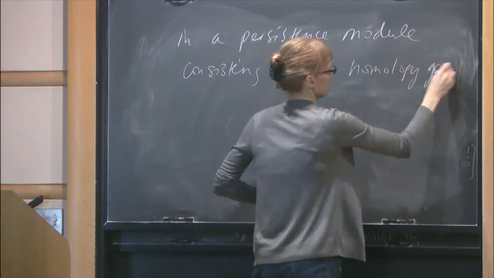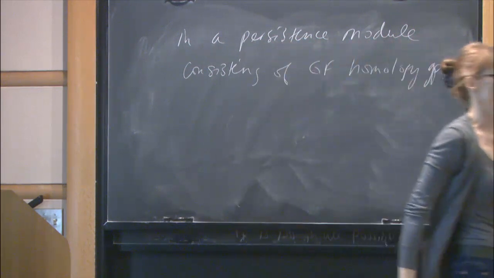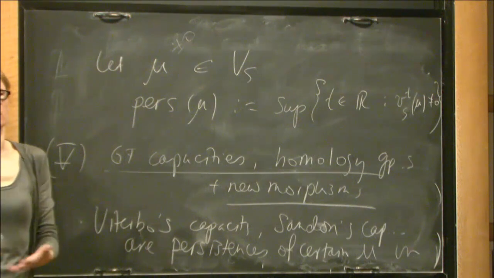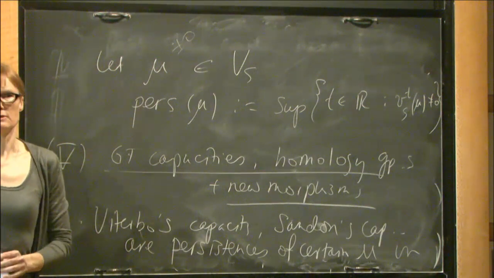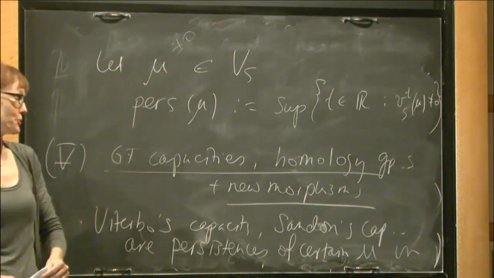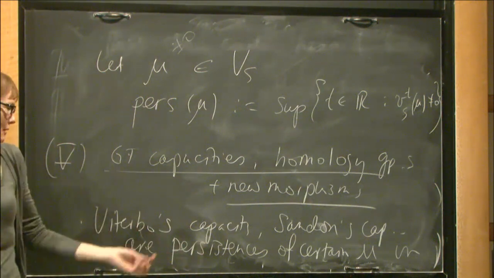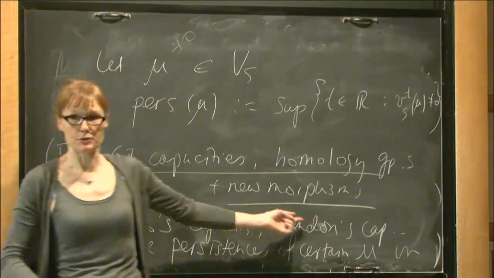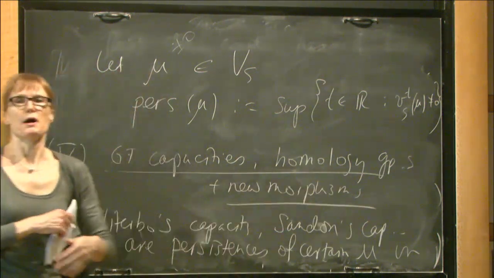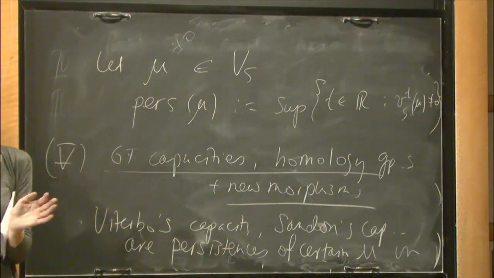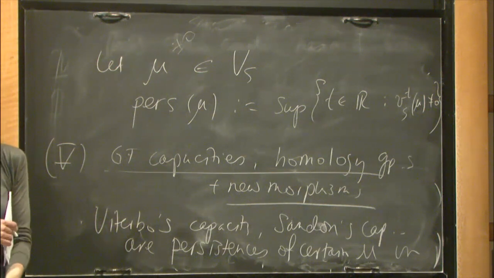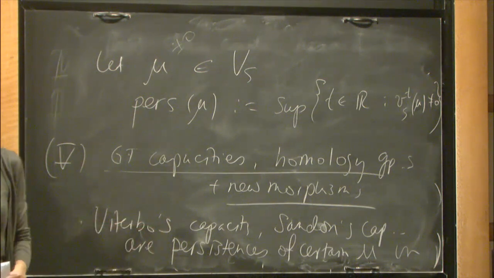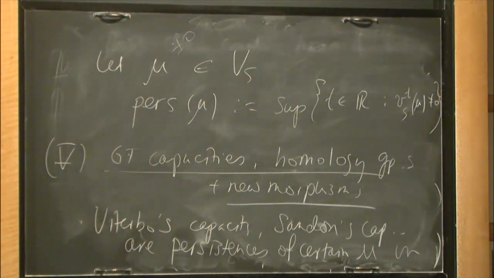I'll explain what I mean by that. Historically this is not the way it went, because you can define the capacities directly in terms of generating functions without setting up these homology groups. So you don't need to set up the persistence module and then take the persistence. But with the later work of Traynor to define GF homology groups, and then Sandon also defining that in the contact setting, once you have those collections of GF homology groups, they form a persistence module, and these original capacities are just persistences of certain elements in those persistence modules.